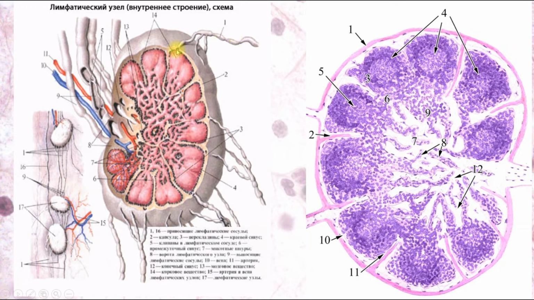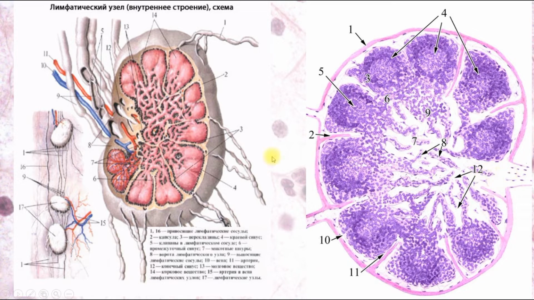Afferent vessels bring lymph to the lymphatic node, and efferent vessels carry lymph away from the lymphatic node. So on this part, near the capsule, we can see afferent lymphatic vessels which carry lymph to the lymphatic node, and here in the portal part we can find efferent lymphatic vessels.